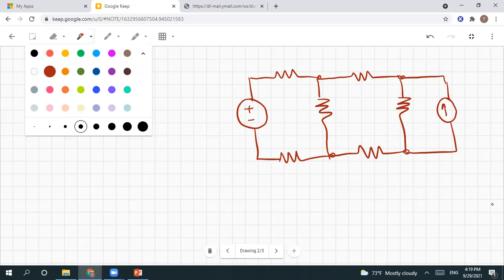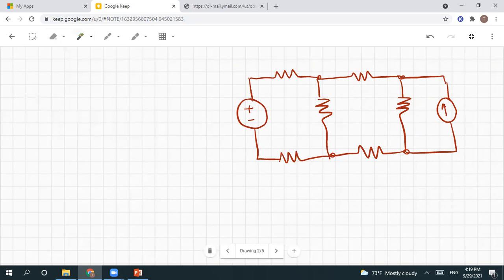Okay, now let's have the values in green. So here we have 30 volts. Here we have 3 ohms. Here we have 8 ohms. And here we have 6 ohms. Here we have 4 ohms, 2 ohms.